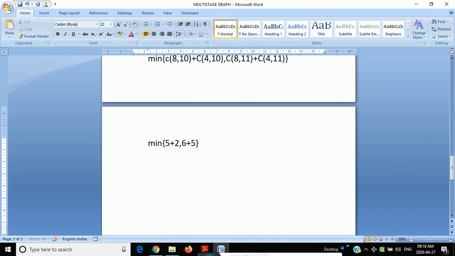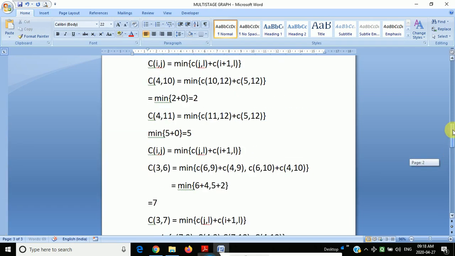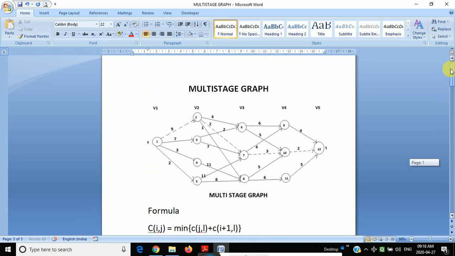So what will we get as the answer? 5 plus 2 is 7, 6 plus 5 is 11. So minimum is 7. So we got the answer as 7. So 3 comma 8 is done. So right now we have completed the third stage.